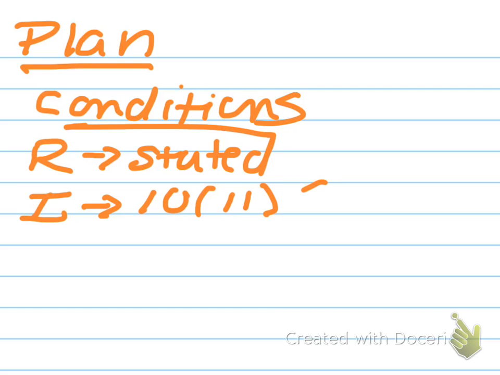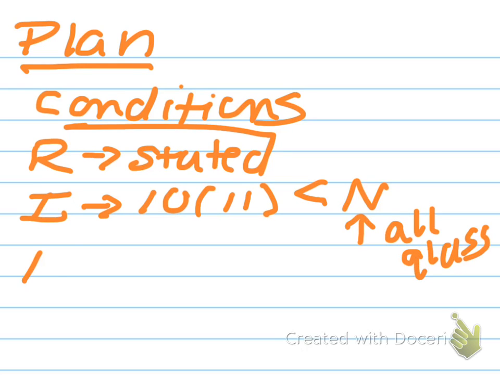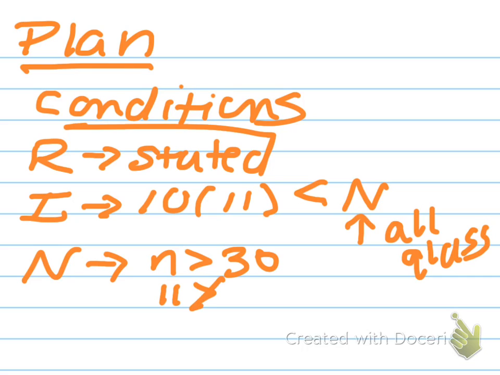That needs to be less than capital N, all glass. Is that reasonable? Yes, check, move on. N is your normal condition. We're dealing with n greater than or equal to 30. Is that true in this case? 11 is not greater than or equal to 30, so we have to do a check. I'll do the check on the next page.